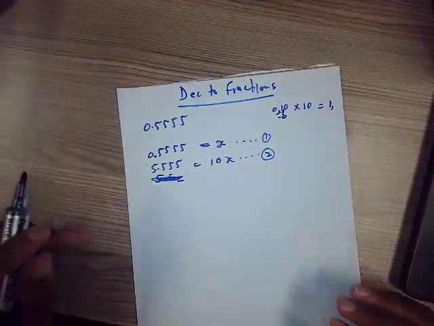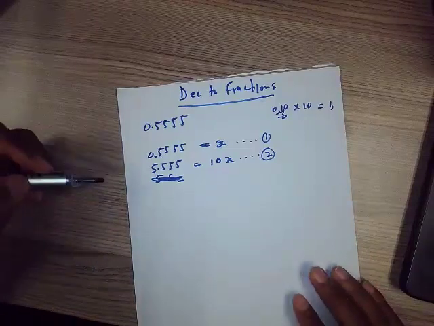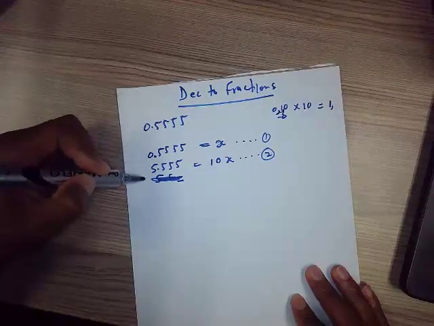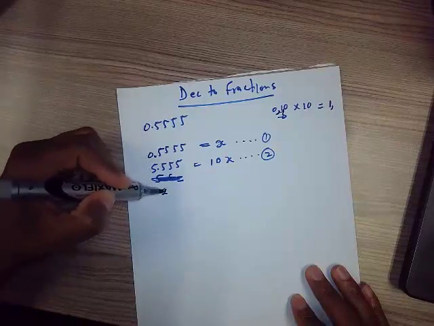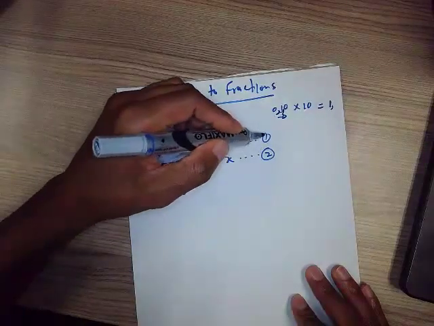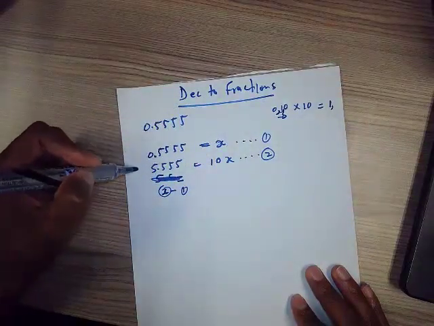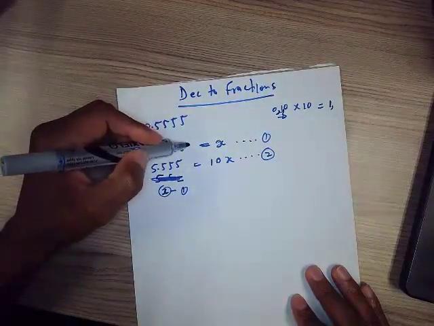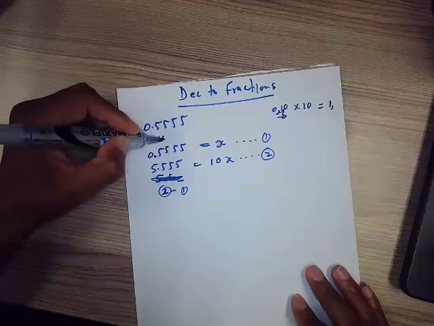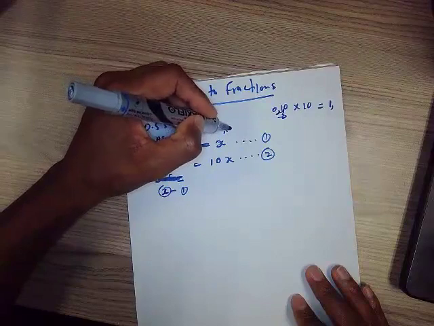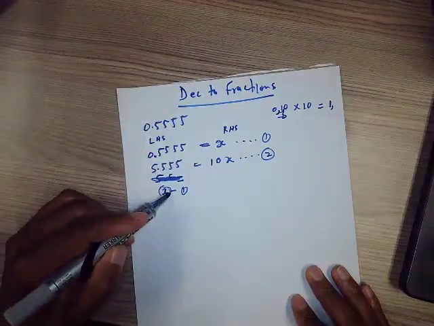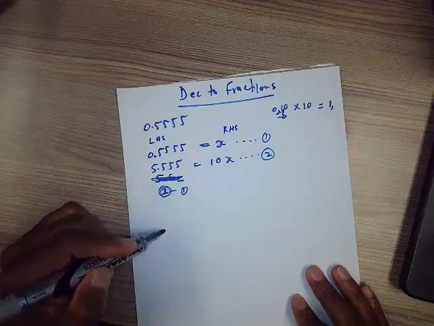So it's going to be equation 2 minus equation 1, but you're working on the left hand side and the right hand side.